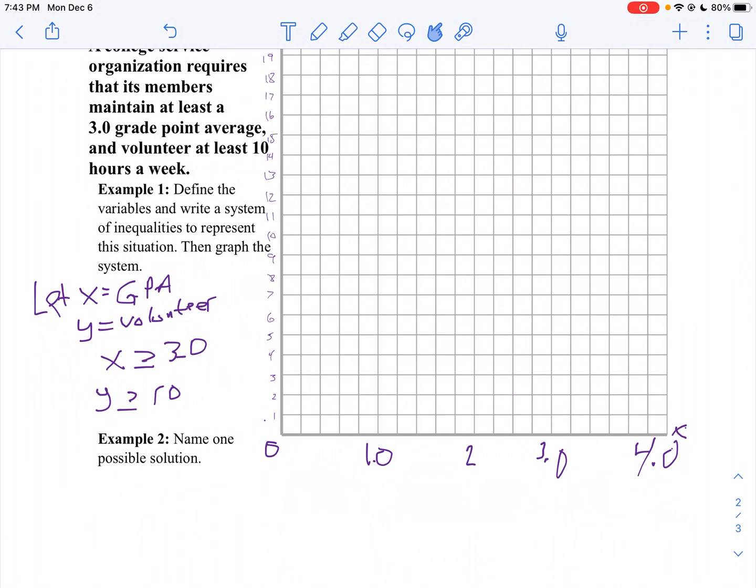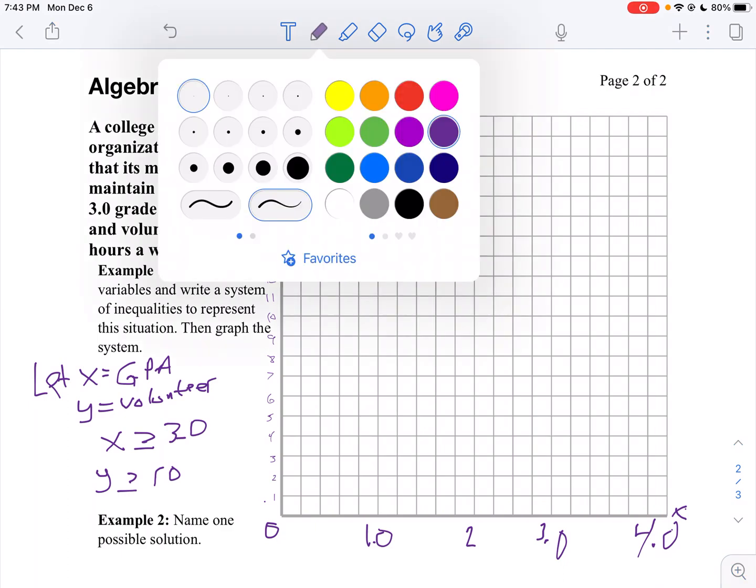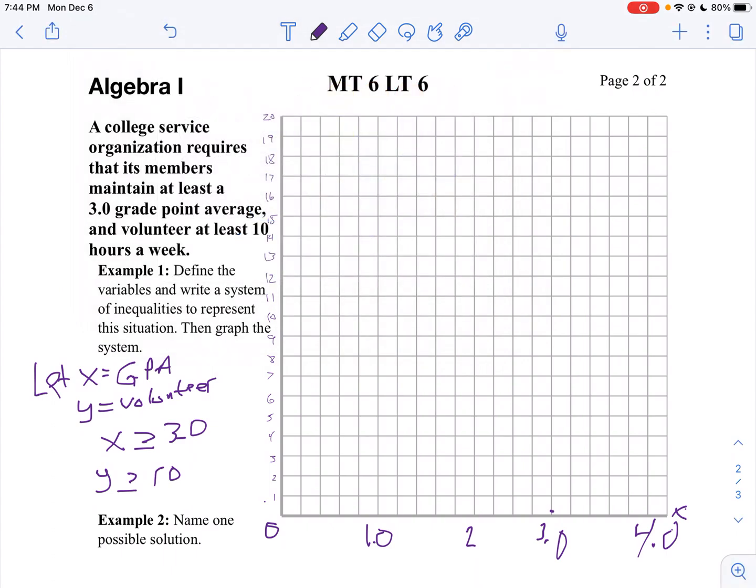So x, when there's no y, x is just a vertical line. So I'm going to draw a vertical line going through 3. I'm going to make that a tad bit thicker than what I have on here. So let me show so you can see it. It's a solid line. So when I have a vertical line, which side is greater than?